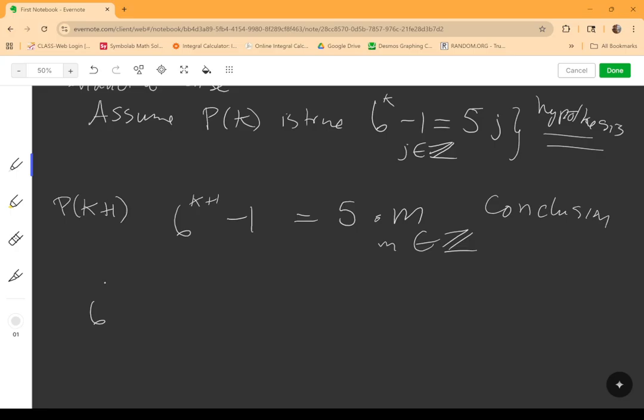So here, let's start with 6 to the k plus 1 minus 1. Using properties of exponents, I could write it like this. And now here is where I bring in my inductive case. Previously we have, well, I know what this is equal to by my hypothesis, 6 to the k.